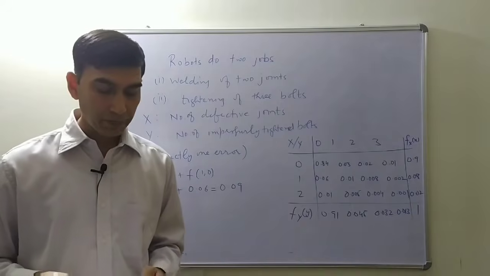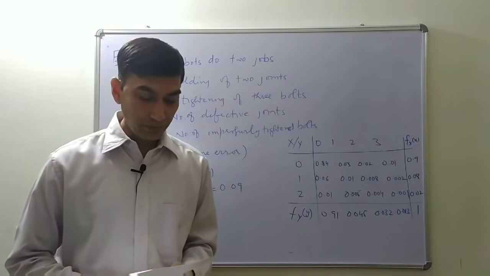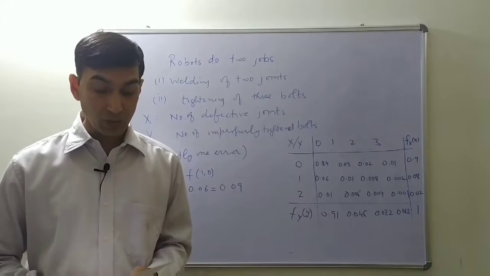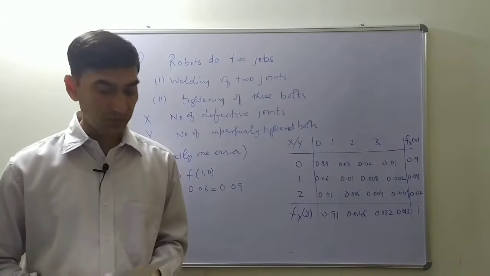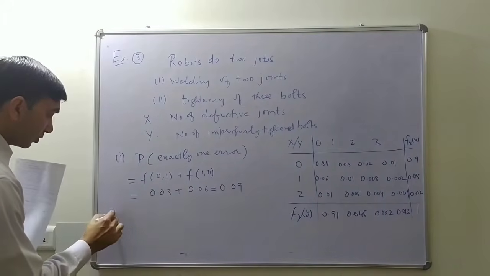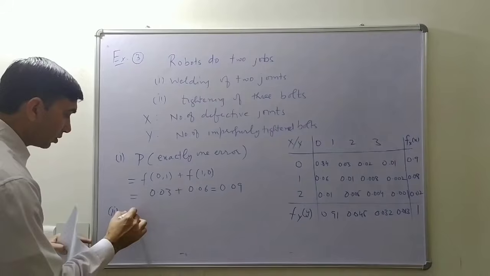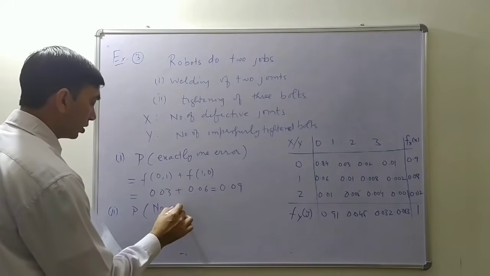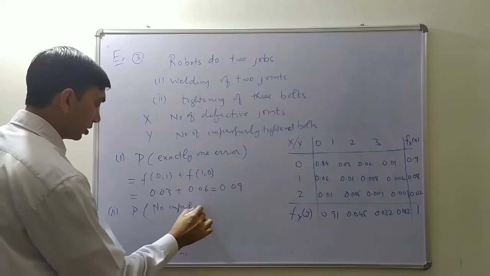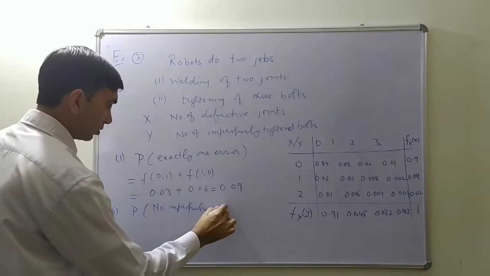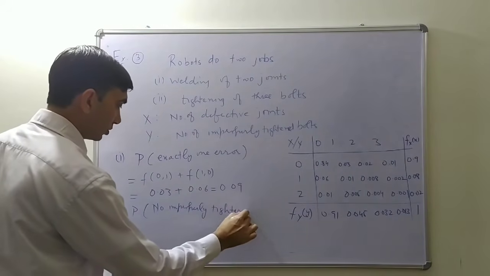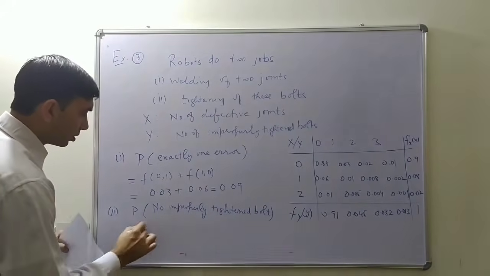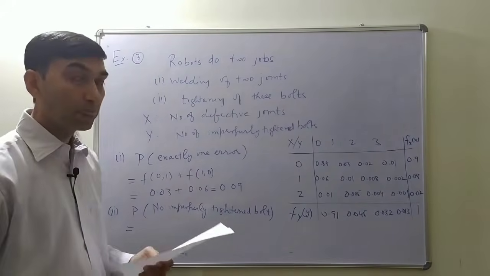Second part in the same problem. Find the probability that there is no improperly tightened bolt. What does it mean mathematically?